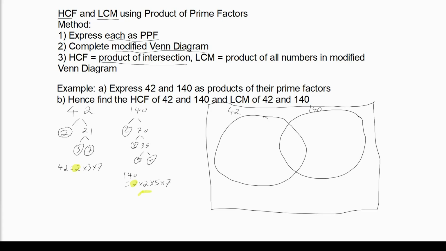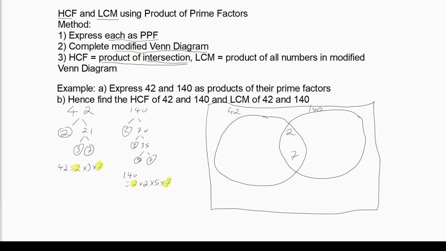This second 2 here is not in the 42. There's only a 3 in the 42 expansion, not in the 140. 7 I can see is common to both, so I'm going to highlight that. So there's one 2 and one 7 common to both. So in the middle of the Venn diagram, or the intersection, I'm going to write 2 and 7.